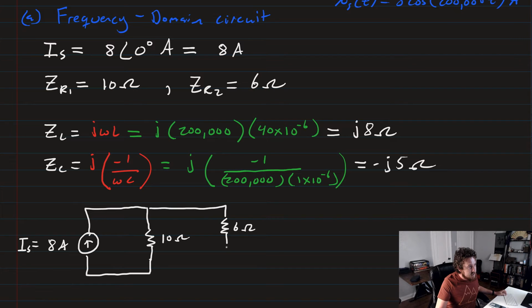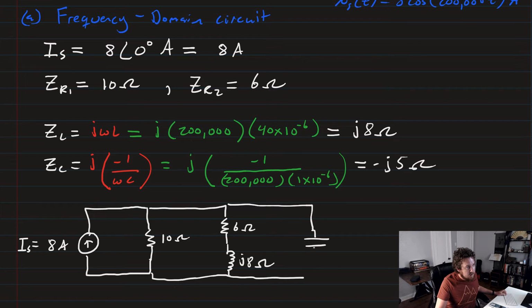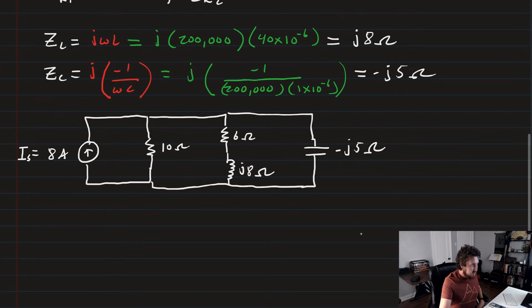Then 6 ohms. Then our inductor, that is J8 ohms. And finally there our capacitor, that is minus J5 ohms. Alright, so there we go. There is our frequency domain equivalent circuit here.